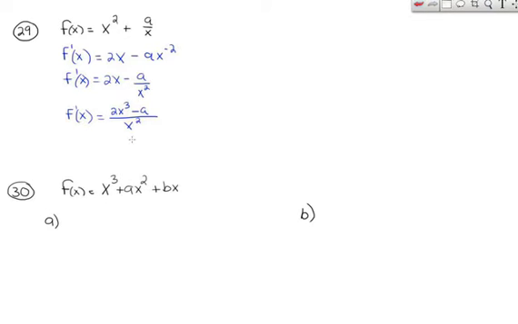So, looking at critical values, the derivative equals 0 when 2x cubed minus a equals 0, or x cubed equals a over 2, or x equals the cube root of a over 2, for whatever that's good for.